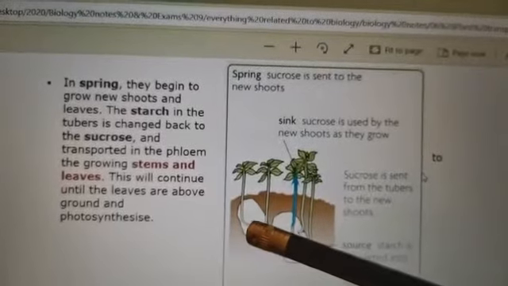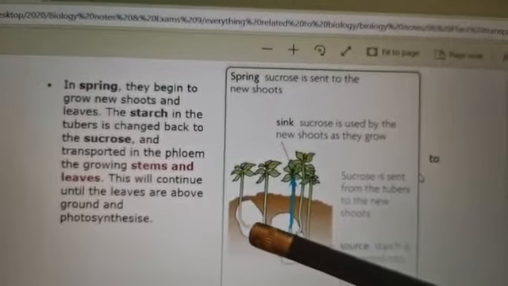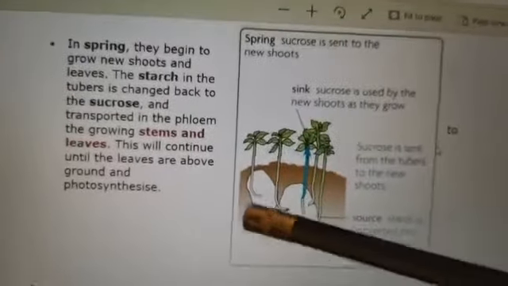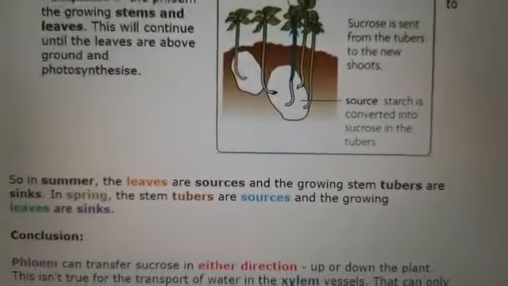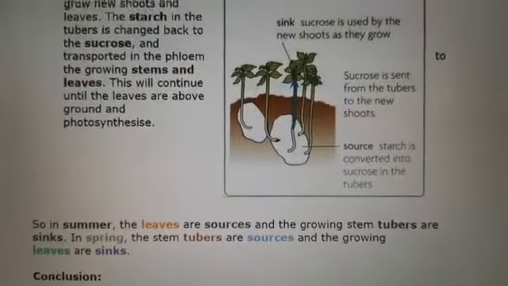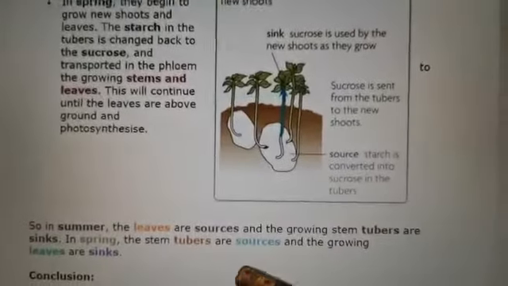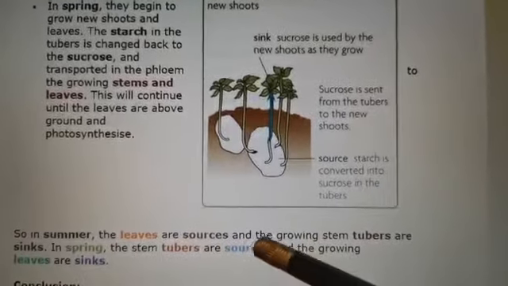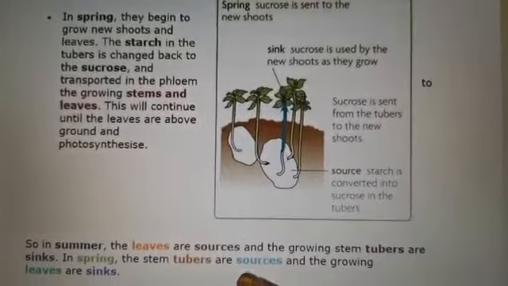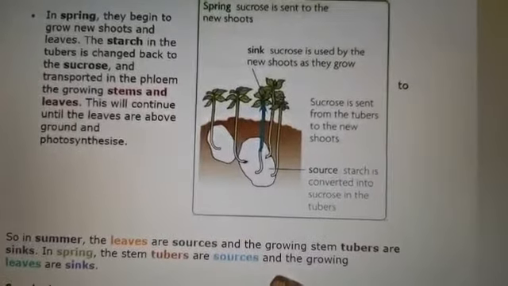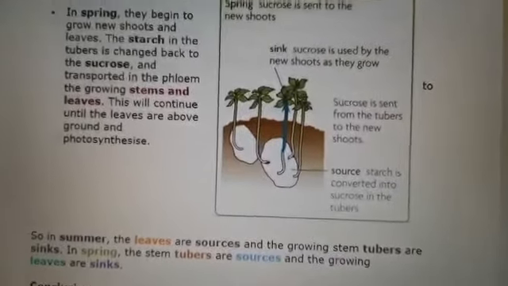In summer it was the opposite. So in some seasons they change the sink and sources. In summer the leaves are the sources and the tubers are the sink. In spring the tubers are the sources and the growing leaves are sinks.